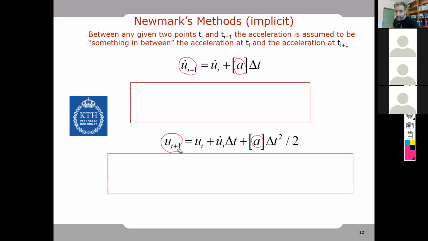The trick in the Newmark method is that these two values, the value assumed for the acceleration here and the value assumed for the acceleration here, don't need to be the same, okay? Which from a physical perspective doesn't make any sense at all.